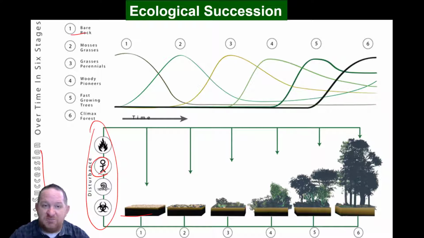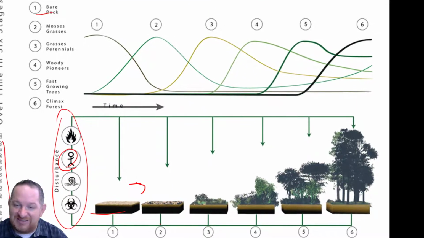So we start with just some bare rock. Then the first thing we start to see here is some mosses, and then some grasses, and then what we call woody pioneers. These are shrubs. They've got a sort of thicker, more woody stem. Then you'll see some fast-growing trees, followed finally by the climax forest.